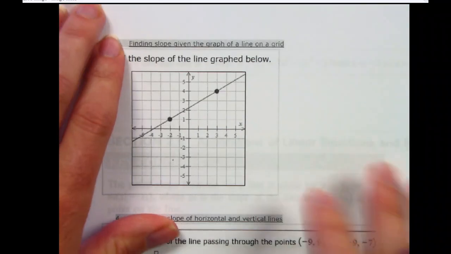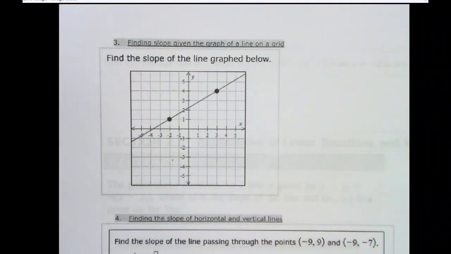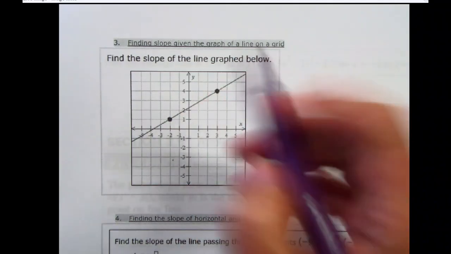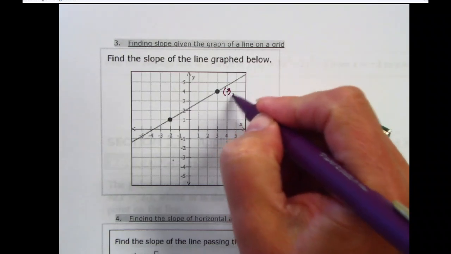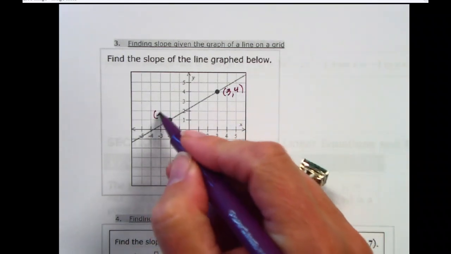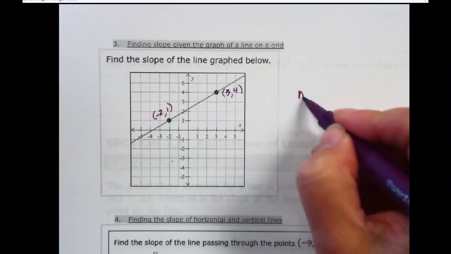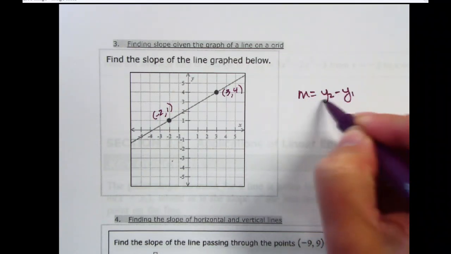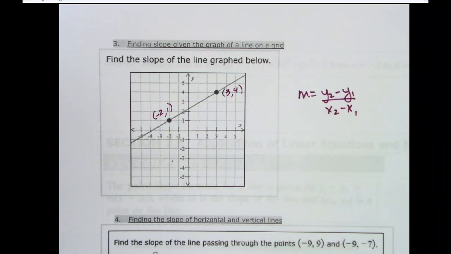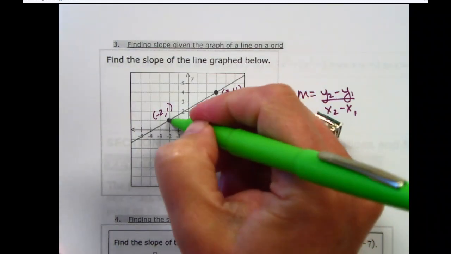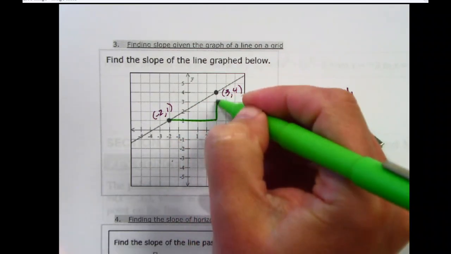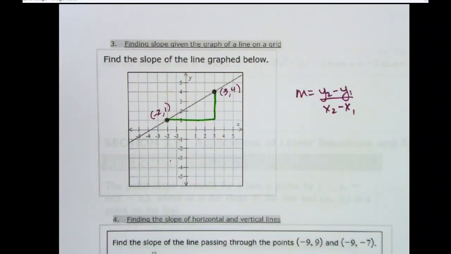I always kind of smile and snicker to myself, never allowed to my students, but when they get these points and say, okay, this is 3, 4, and this one is -2, 1, and then they do the slope formula. Is that a great way to get the answer? Absolutely, but was that a lot of work? Yeah. So much. I don't want to burst their bubble and say, or can we just do a slope triangle?